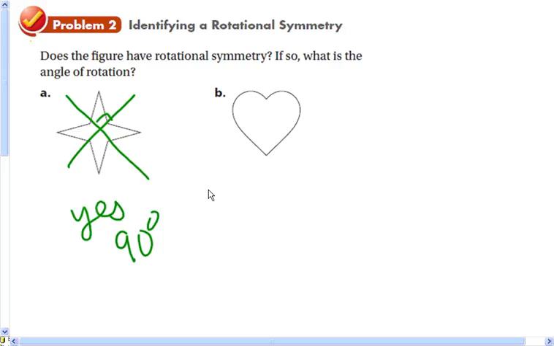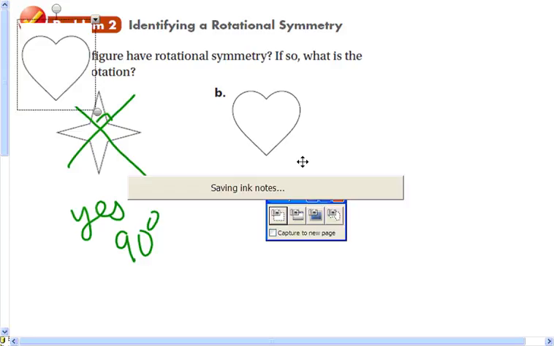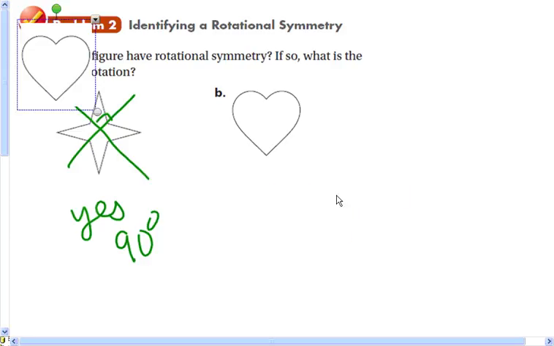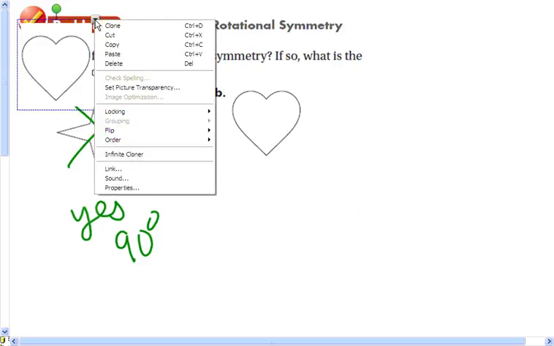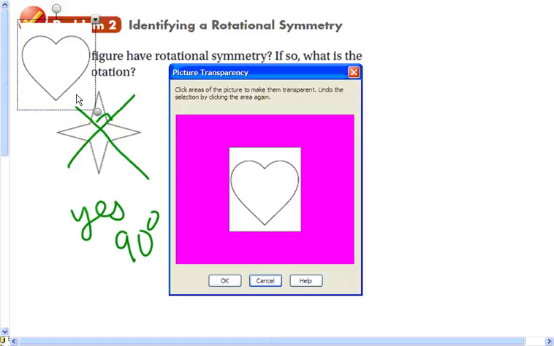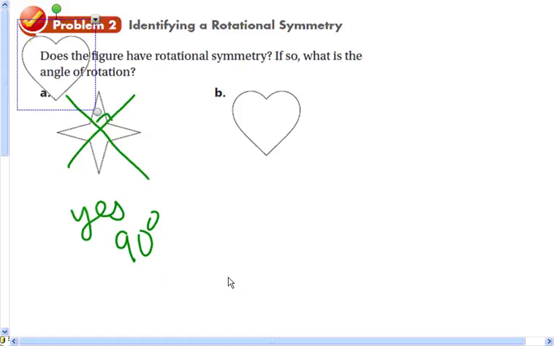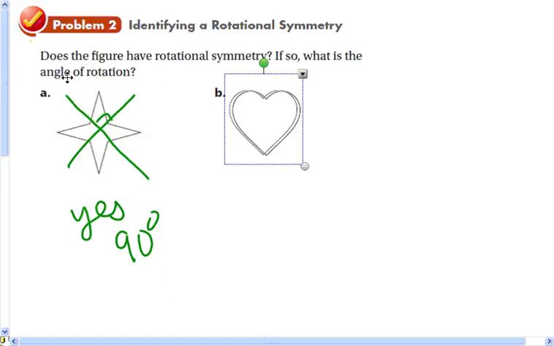Okay, now this one here, this heart shape. If I take a picture of that, so there we are, and I put that there, now I'm going to rotate that.